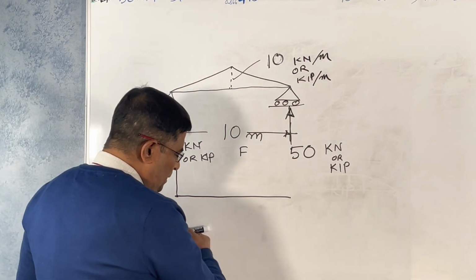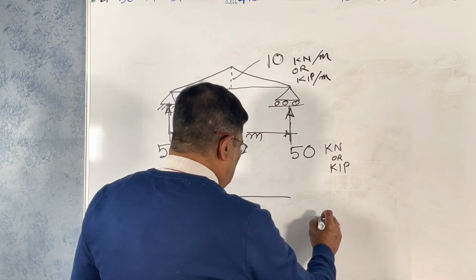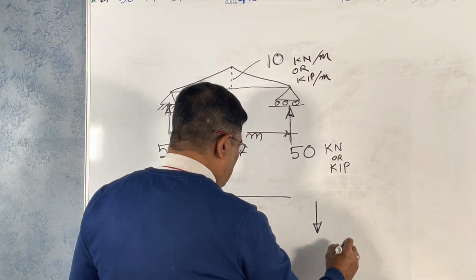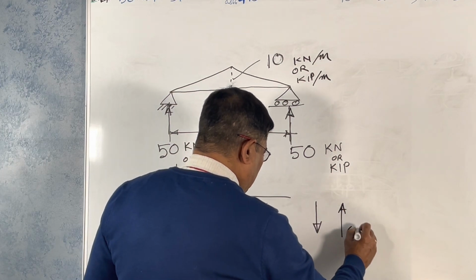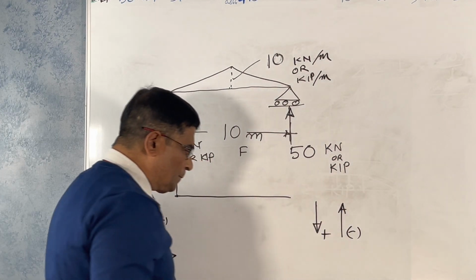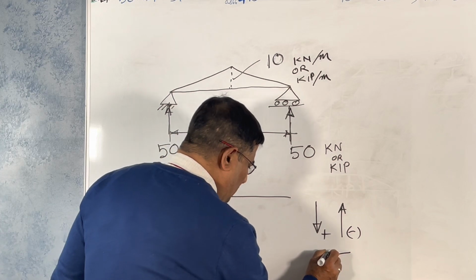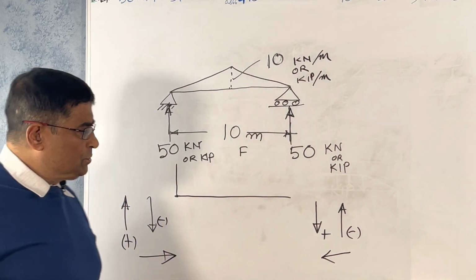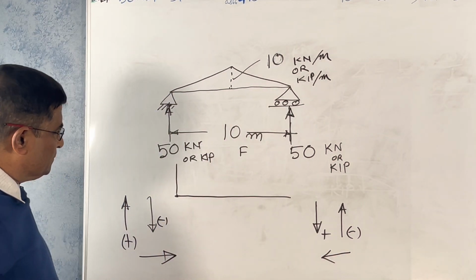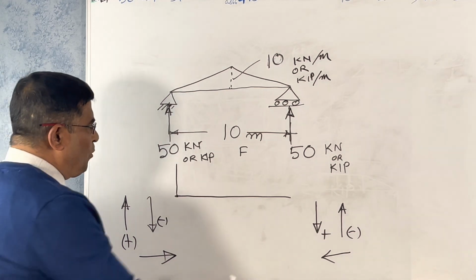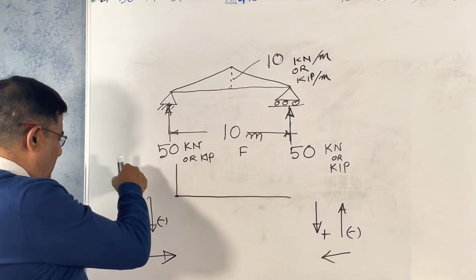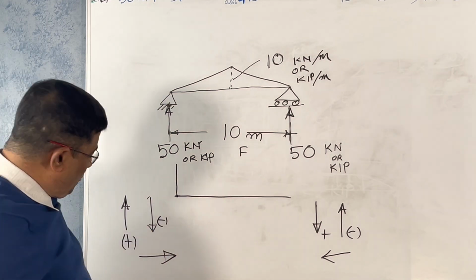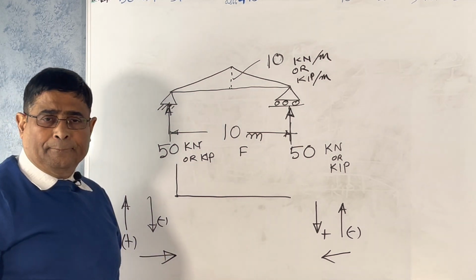If you come from the other side, downward is positive and upward is negative. That is the convention I told you a long time back.